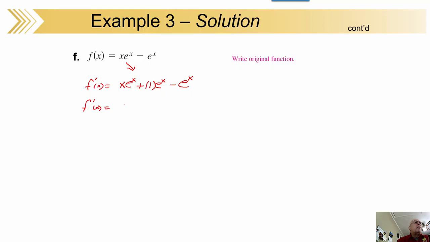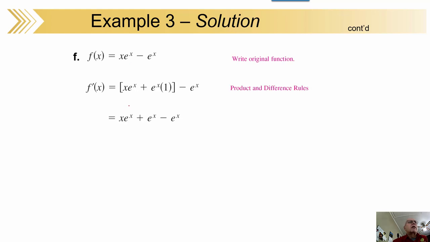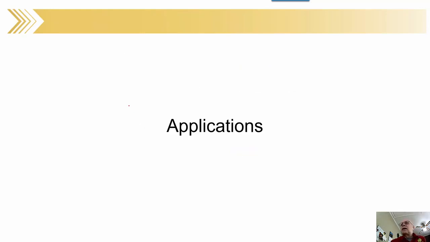The derivative, you've got x e to the x, and then you've got 1 e to the x minus e to the x. So you end up with just x e to the x. How curious. Bet you didn't expect that one. All right, next.